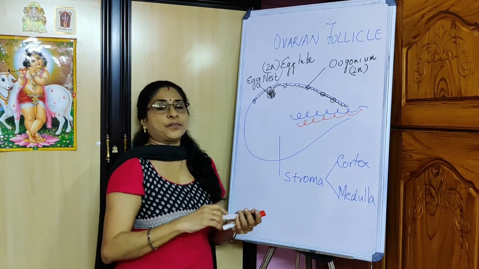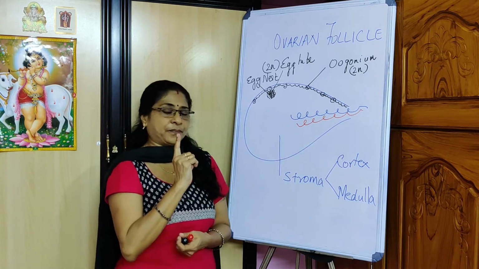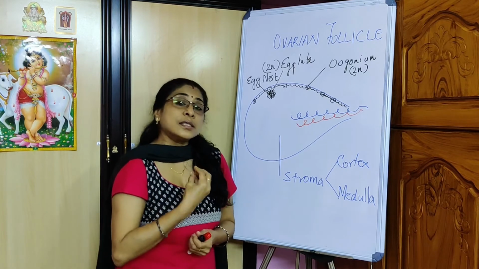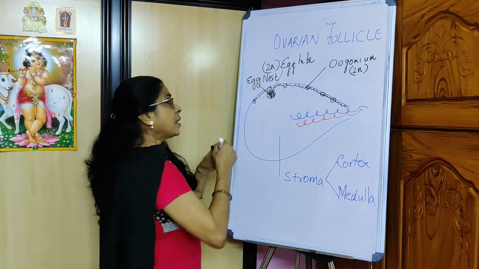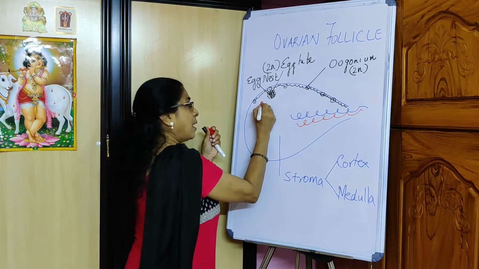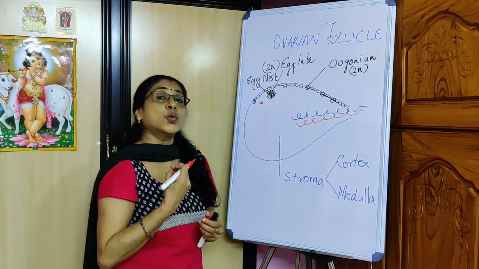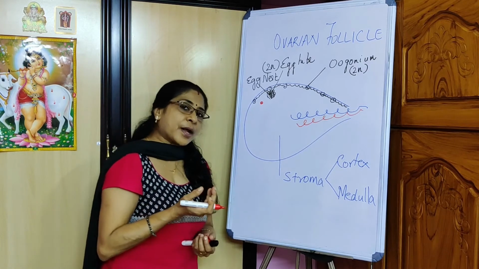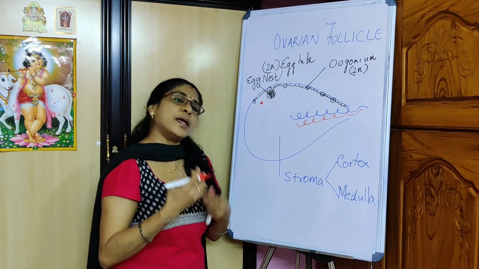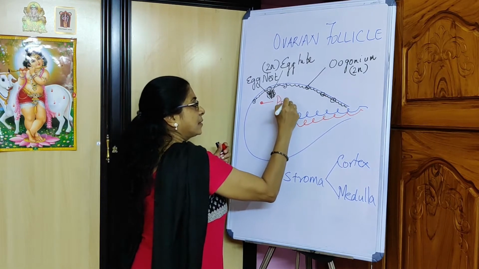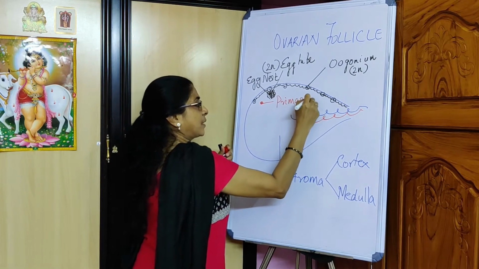What happens now? One single cell in this egg nest transforms itself into a larger cell, which is known as the primary oocyte. The primary oocyte also would be diploid in number. This cell which I am depicting here is the primary oocyte.